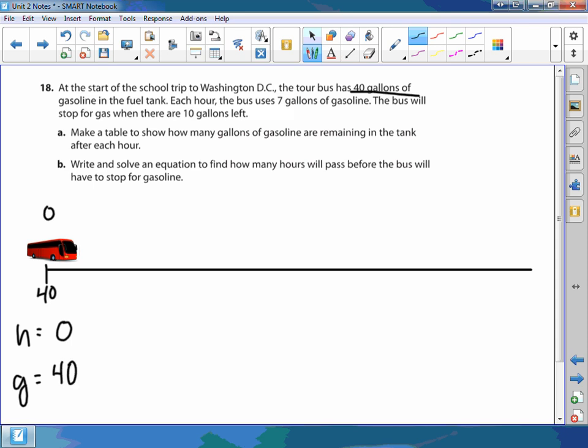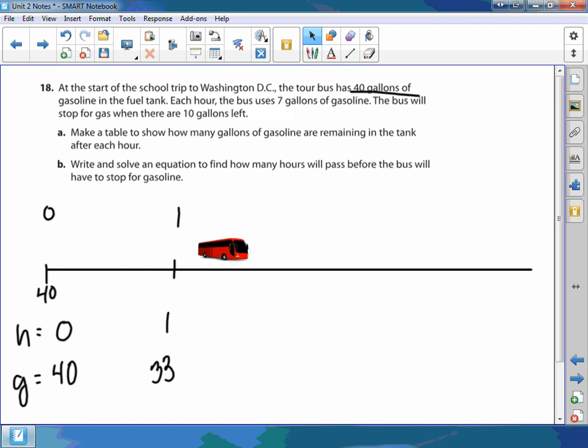Okay, simple enough there. Well, the bus is going to travel down the road an hour. So time is now 1 hour. And after each hour, it says, it's going to use 7 gallons of gasoline. So from the 40, we reduce that by 7 gallons, and now it's down to 33 gallons. This process continues again. Another hour passes. 2 hours have gone.